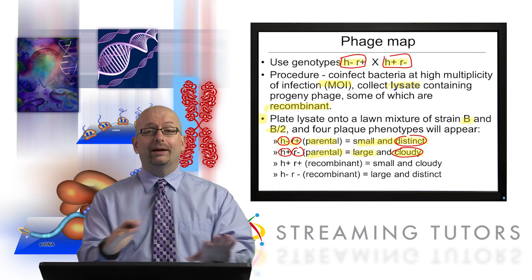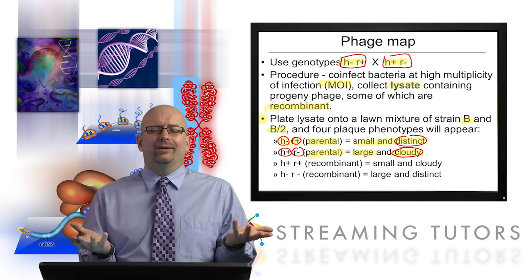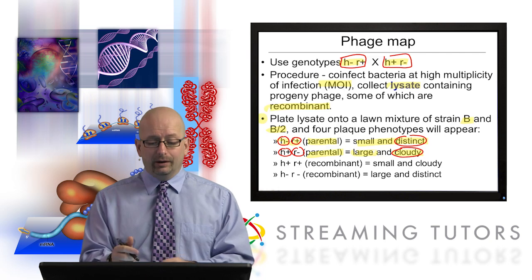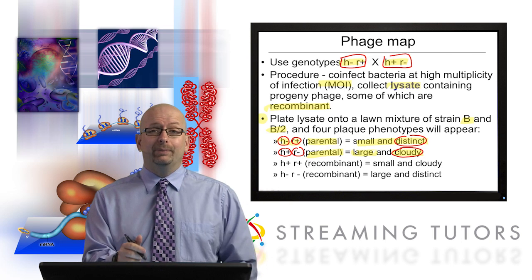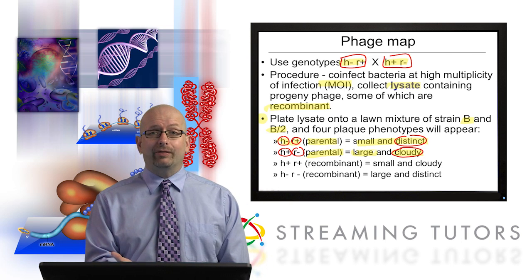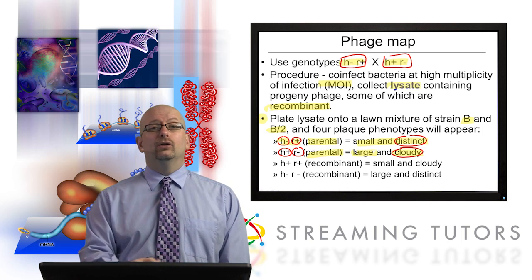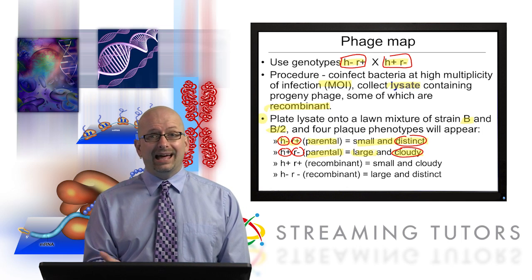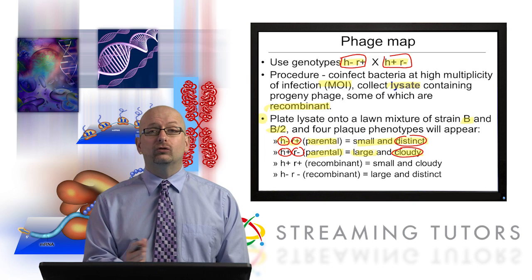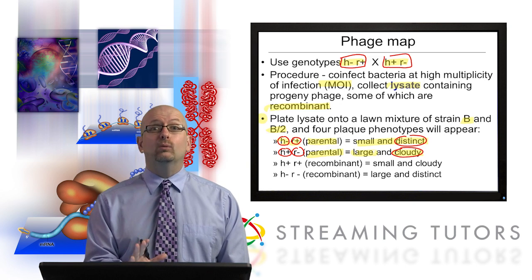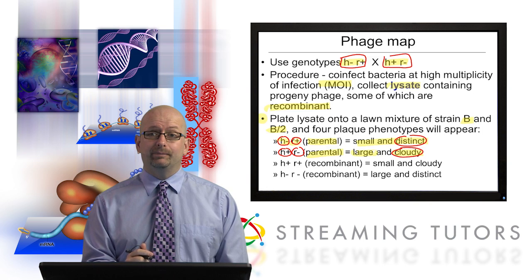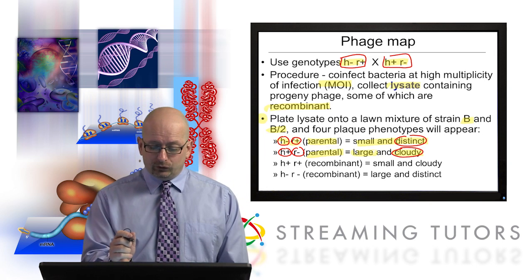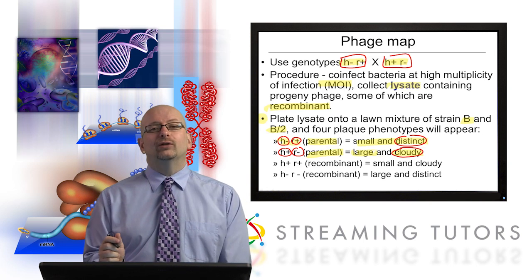Think of a lawn with 2 different grass types on there, and only one of them is being killed. So even if there's full death of all the strain B, you've only thinned out the bacteria by a half. So you see the plaque, but it looks cloudy because there is still some growth there, because only one of the strains was able to get killed. All right? So you can see a small and distinct plaque and a large and cloudy plaque.